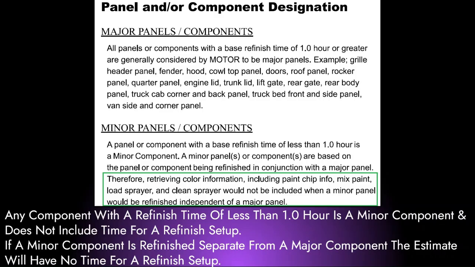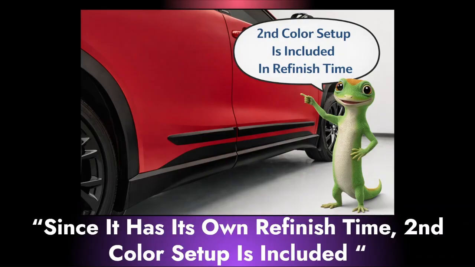None of that would be included when a minor panel would be finished independent of a major panel. So if we were only refinishing a body side molding on this door, and that body side molding refinish time is less than 1 hour, it wouldn't even include time for the first color setup. And so we'd have to add that on to the estimate.